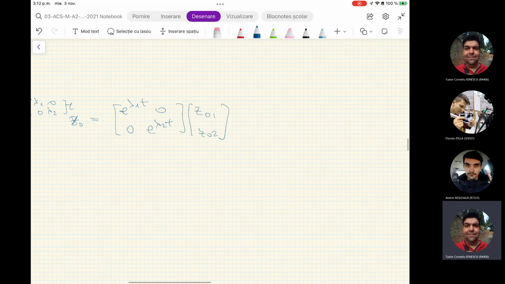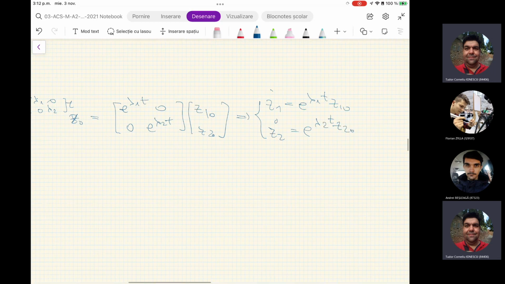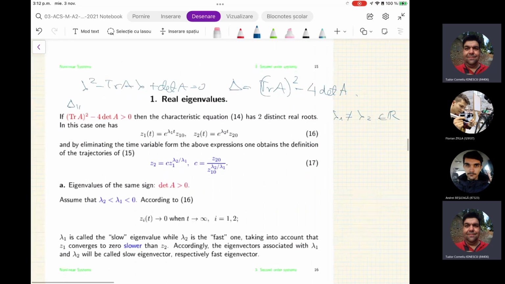So you get z1 is e to the lambda 1 t times z1 naught, and z2 is e to the lambda 2 t times z2 naught.